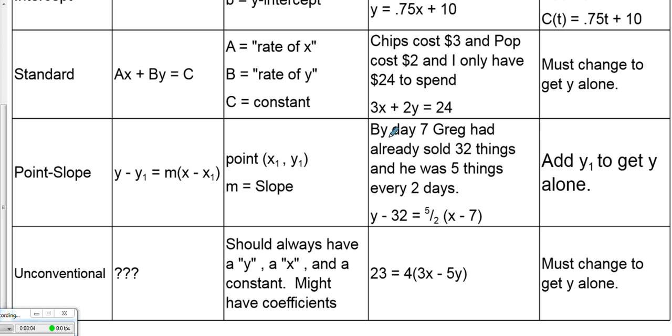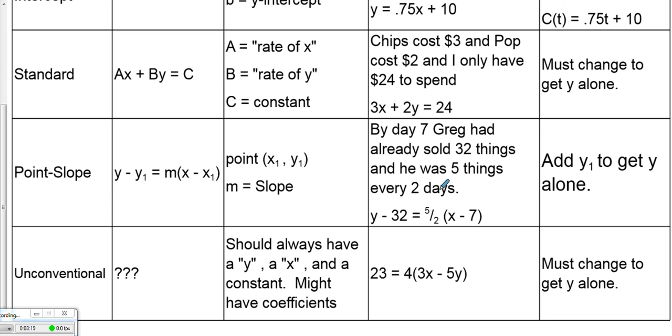For example, if I said something like, by day 7, Greg had already sold 32 things, and he was selling 5 things every 2 days.